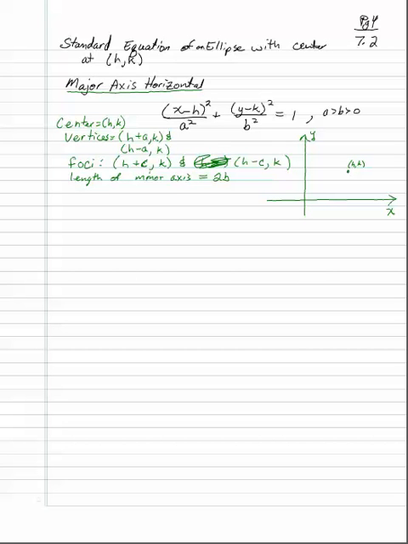Okay, so if we find our center at h, k, then we're going to go a units this way, so that'll be a vertex, h plus a, k, and then you're going to go a units back, so that'll be h minus a, k. And then in the y direction I'm going to go up b, down b, so the length of that minor axis will be twice b, and then you just connect, make your oval.